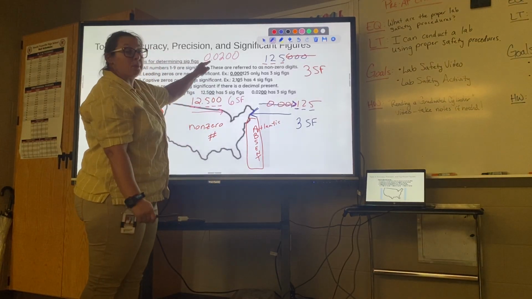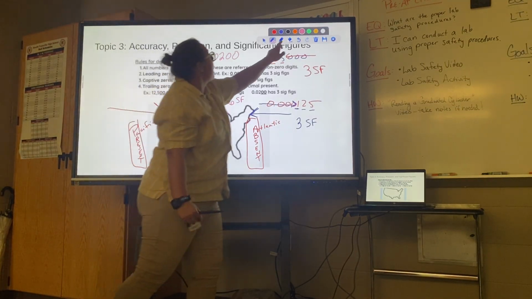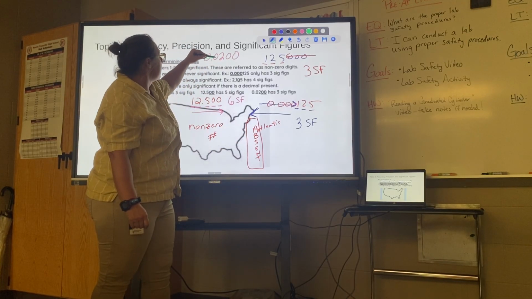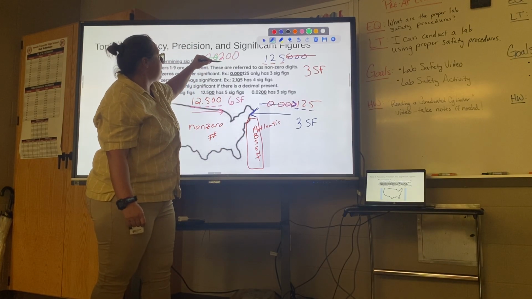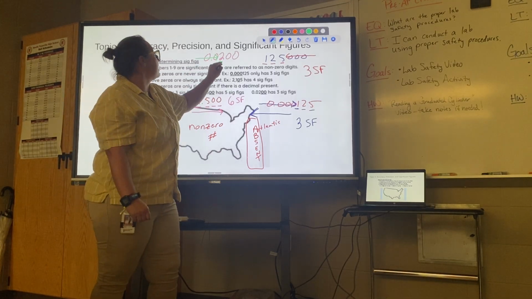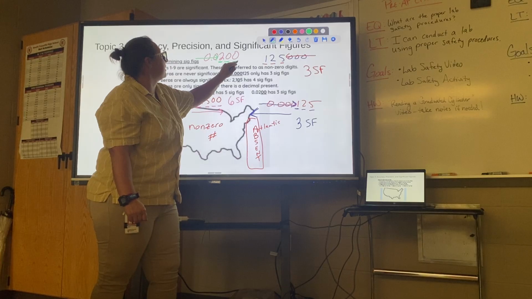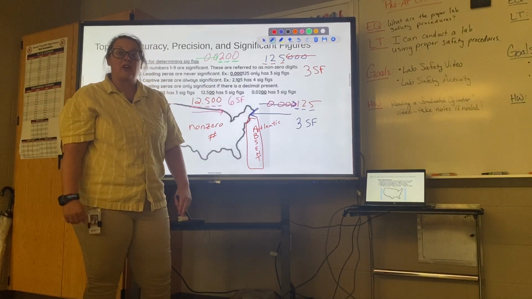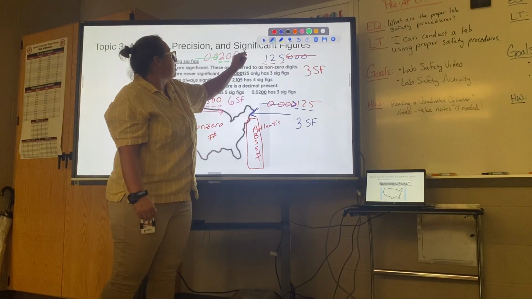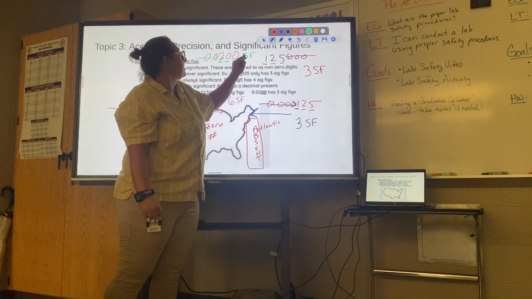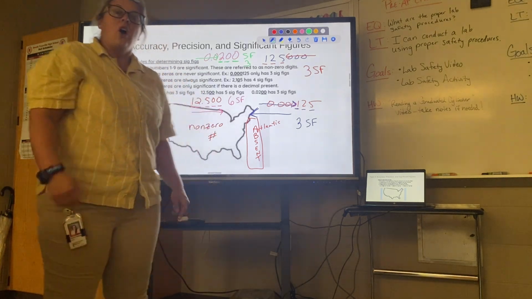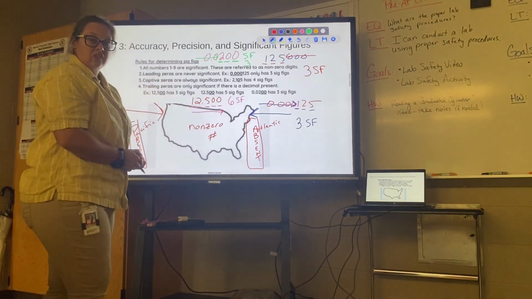I have a decimal present, so I'm going to come in this direction until I hit a non-zero number. Once I hit that non-zero number, it doesn't matter what comes after it, I continue counting those as significant figures. So this number has 3 significant figures. Hopefully that little trick makes some sense to you.